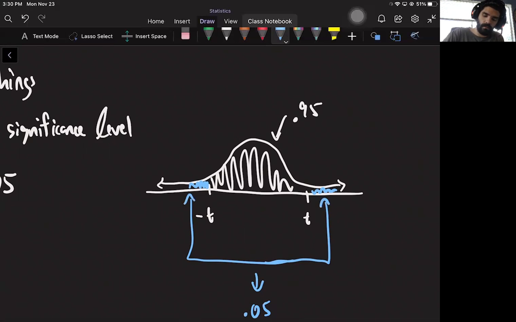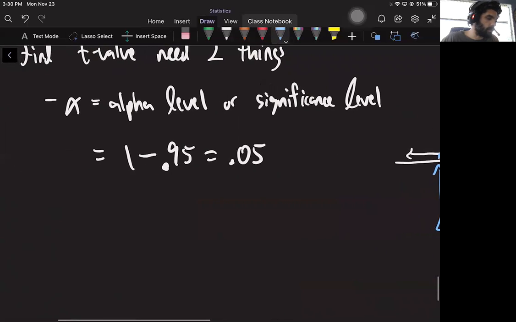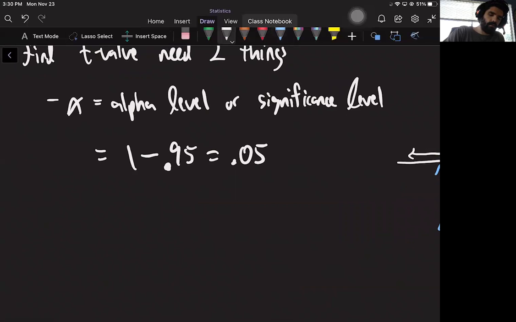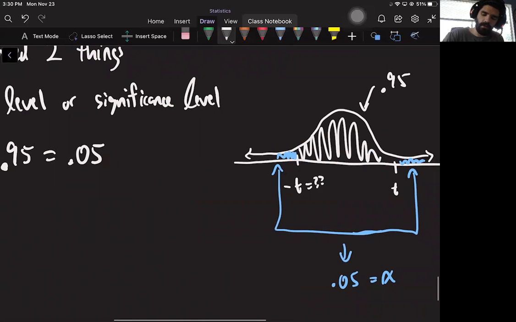The leftover, and that's really what alpha is in these problems. Okay, so that's what we need. And then this t-score is what the calculator is really going to be producing. Well, it's going to give you the positive one. It's going to give you this one.